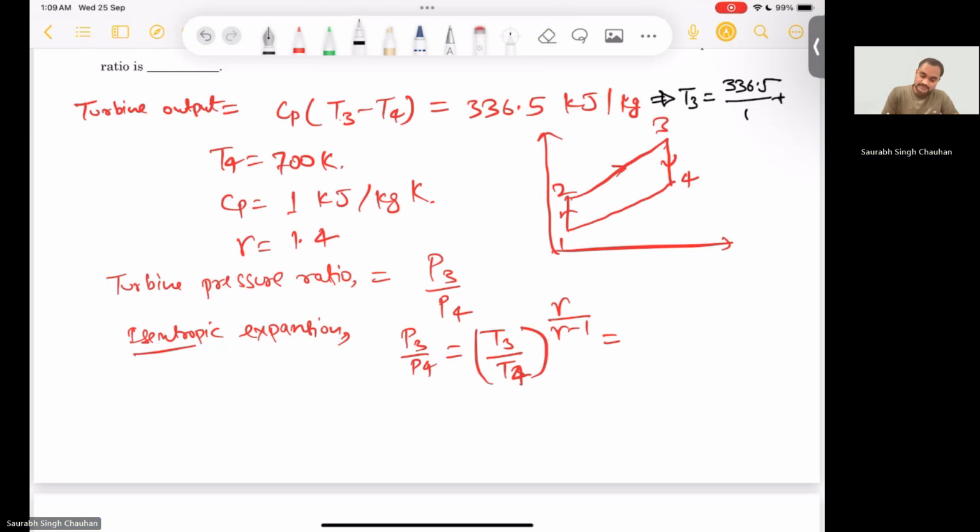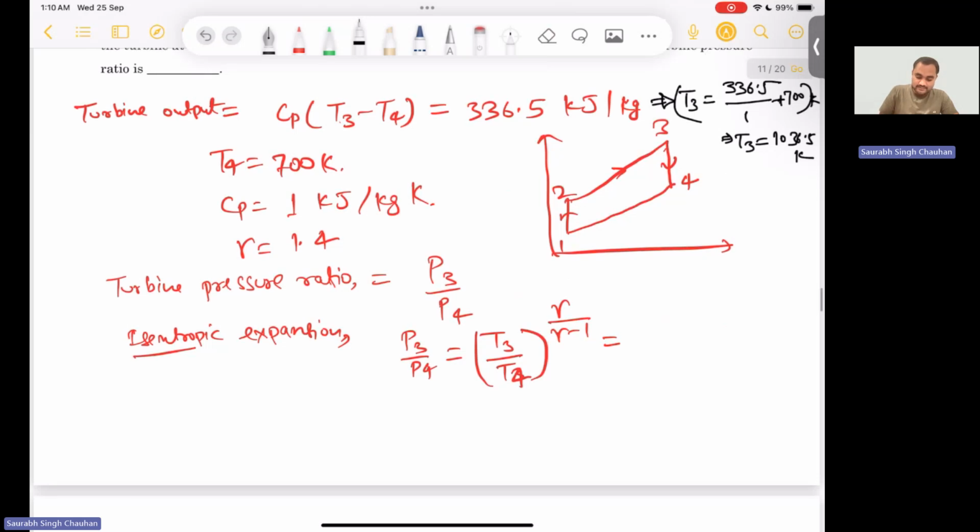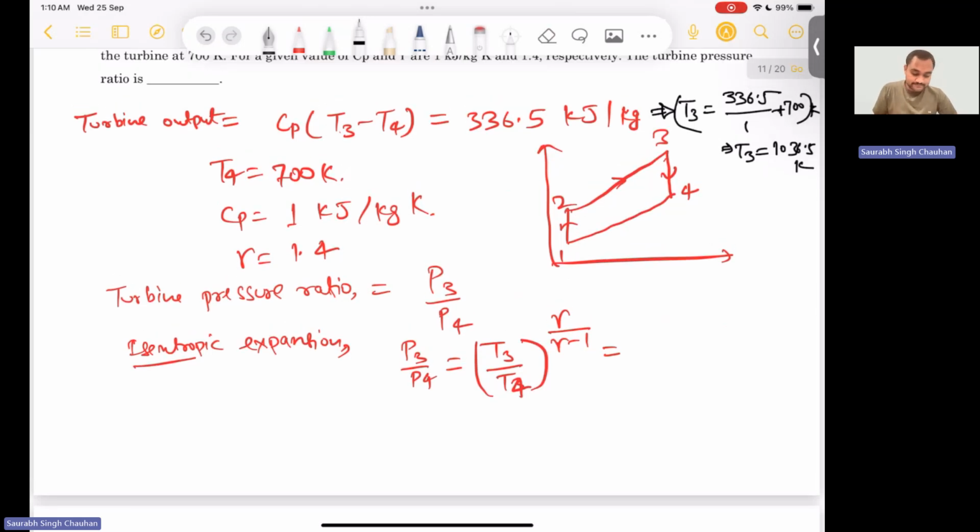T4 is 700 Kelvin. So T3 will come out to be 1036.5 Kelvin. Please do this calculation and check if I am doing it correctly.